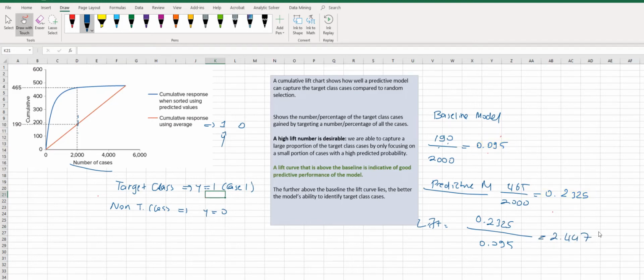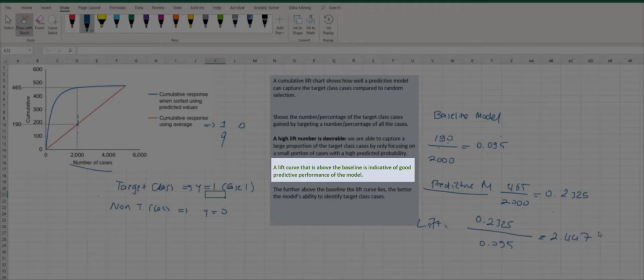Therefore, our model is able to capture 2.447 times as many class 1 observations as compared to the 2000 observations selected randomly. Therefore, the cumulative lift chart shows how well a predictive model can capture the target class cases compared to the random selection. A high lift number is desirable, and a lift curve that is above the baseline is indicative of good predictive performance of the model.